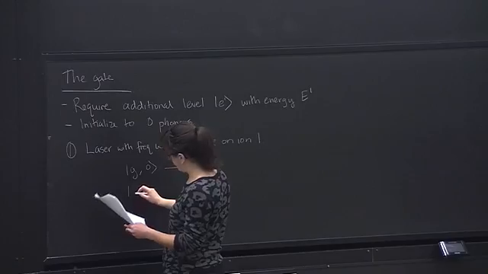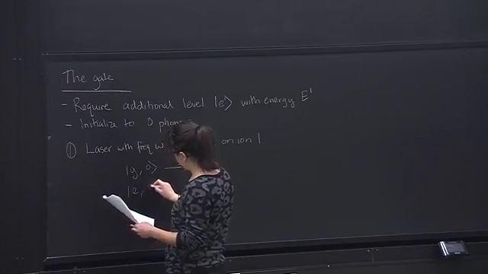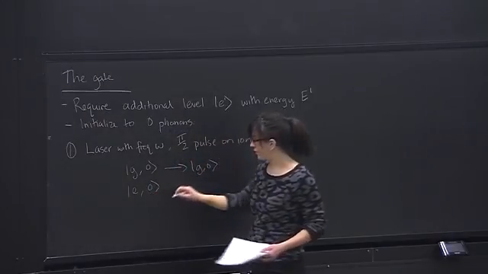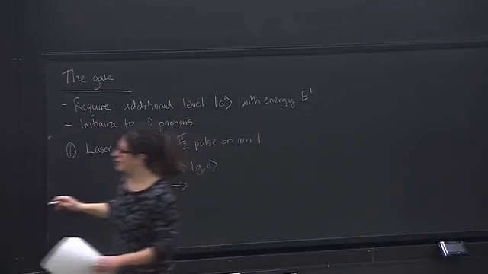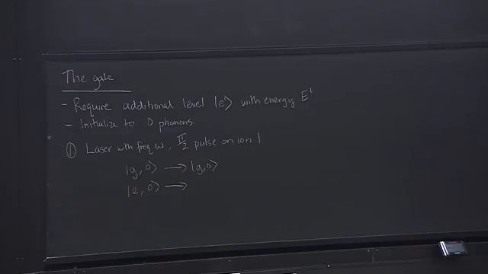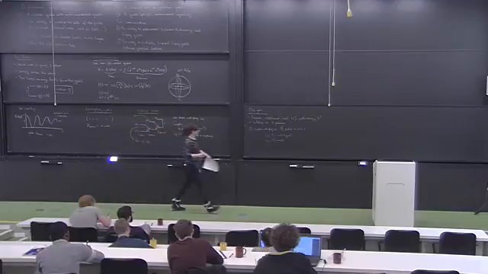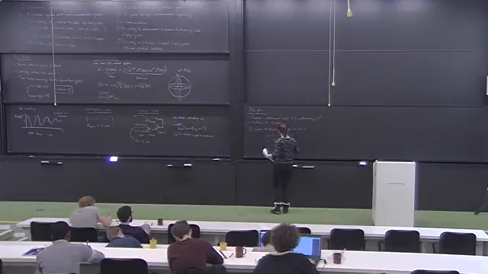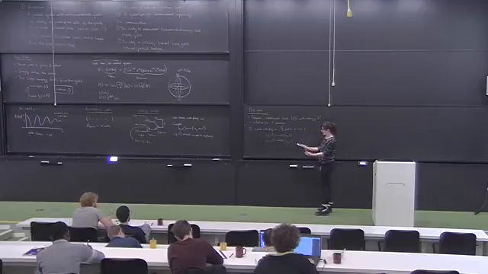But if our qubit was in the excited state with 0 phonons, then the pi pulse will take you from here to there, so now we go into a ground state with 1 phonon. Okay, so that's the first step.